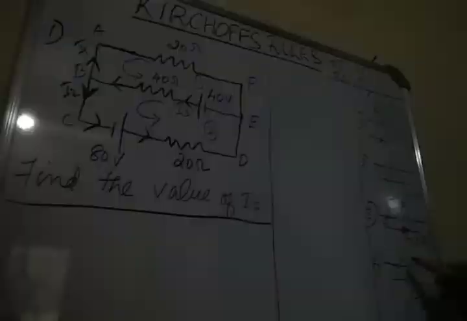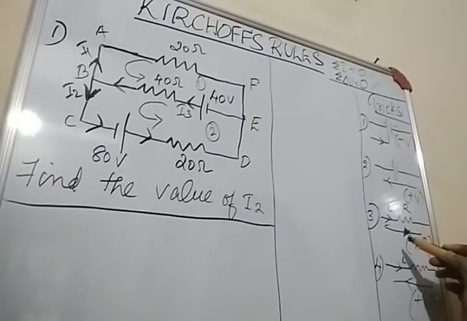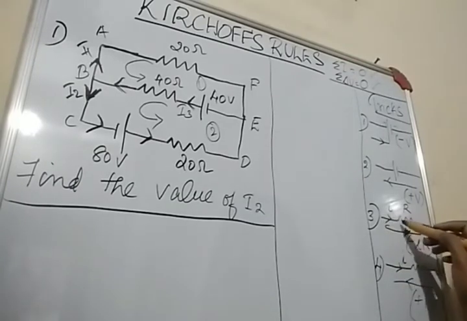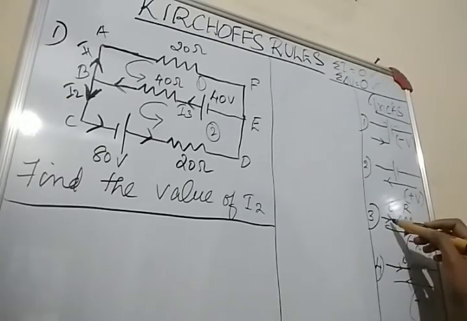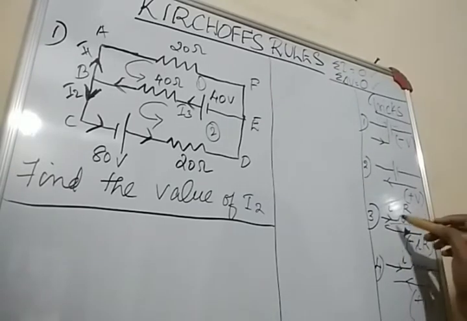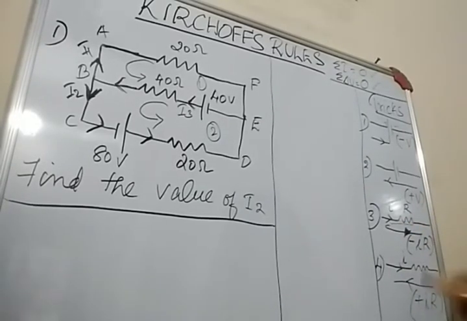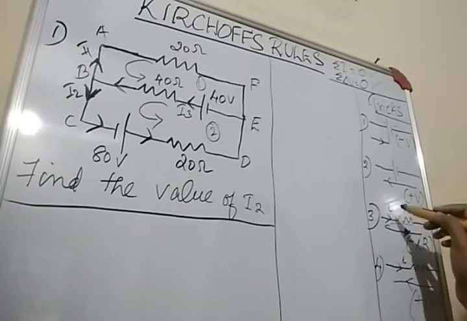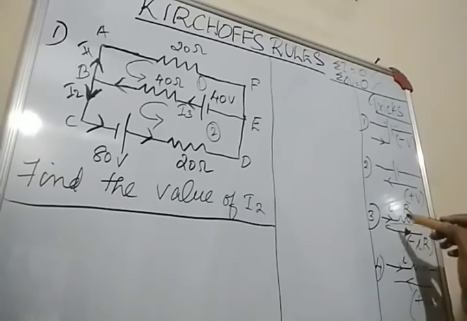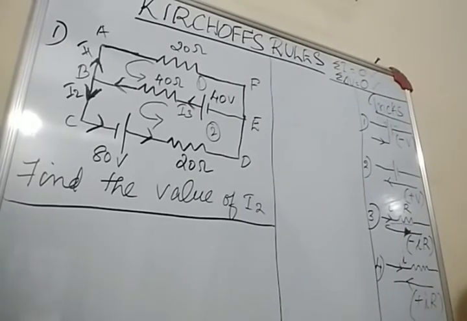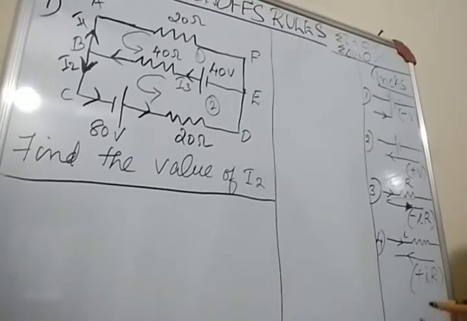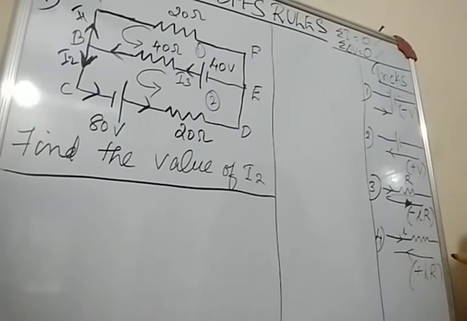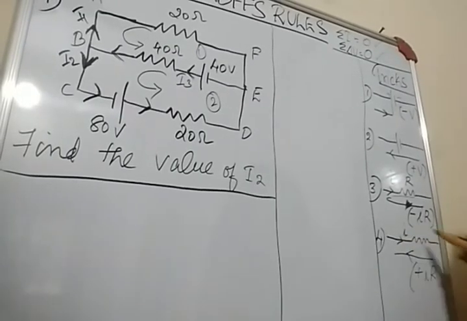The next trick is that suppose you are moving in this way, and the current is also flowing along the same direction. Then the potential drop across this resistor, that is IR, is considered as minus IR if the direction of the current and our direction are the same. And the fourth rule is that suppose we are moving through the loop in this direction, but the current is flowing in the opposite direction.